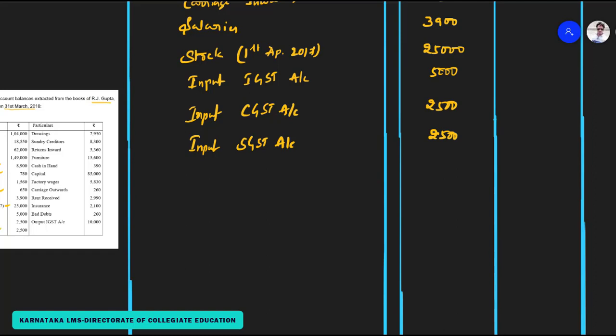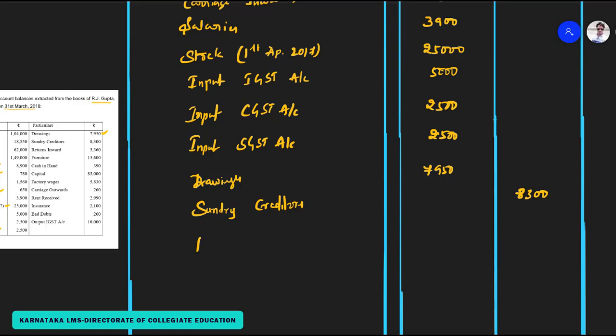And next thing is drawings, that is rupees 7950. Drawings rupees 7950. It's like an expenditure, so on the debit side 7950. And sundry creditors on the credit side 8300.